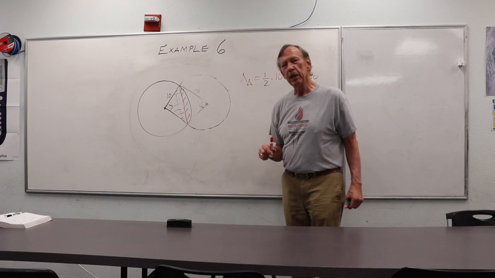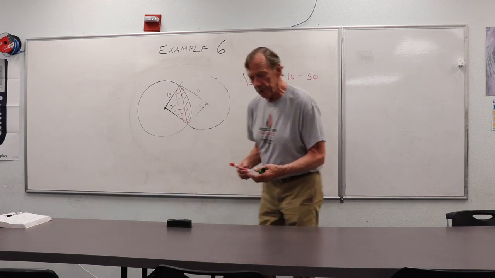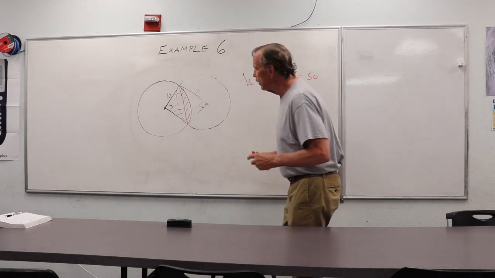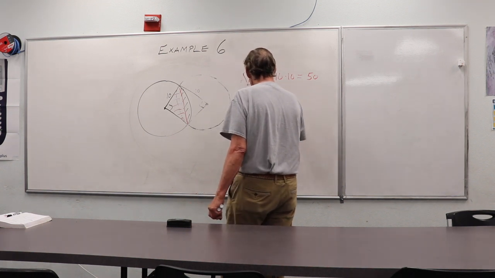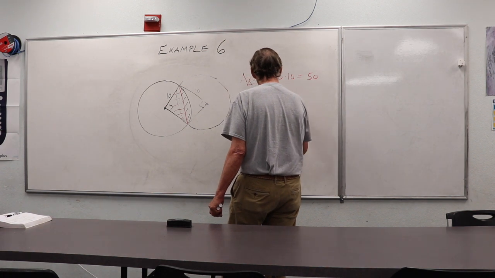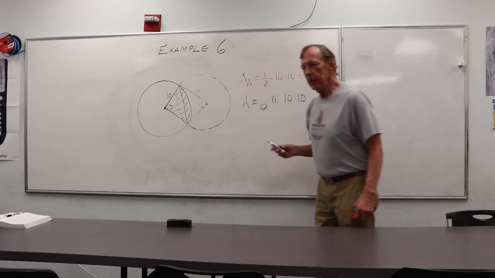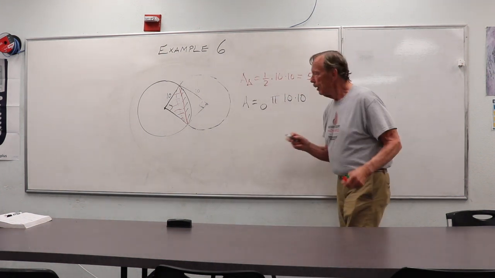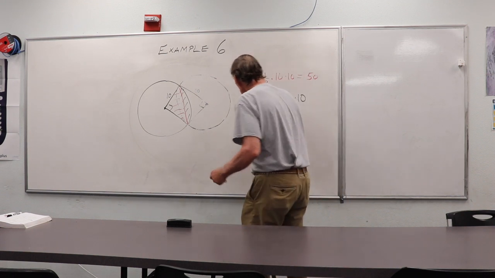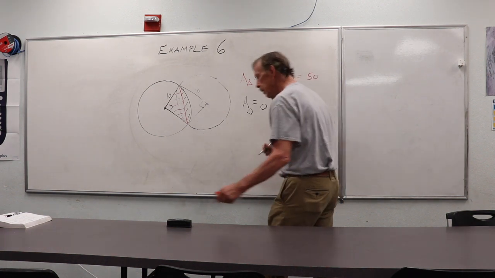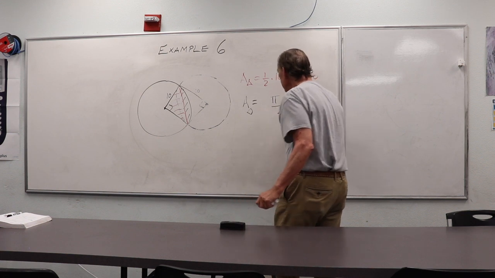Now, how about the area of the sector? Well, this sector, 90 degrees, that's 1/4 of the circle, and the circle's area is pi times r squared, but we don't want the whole circle. The area of the sector is going to be 1/4 of this.